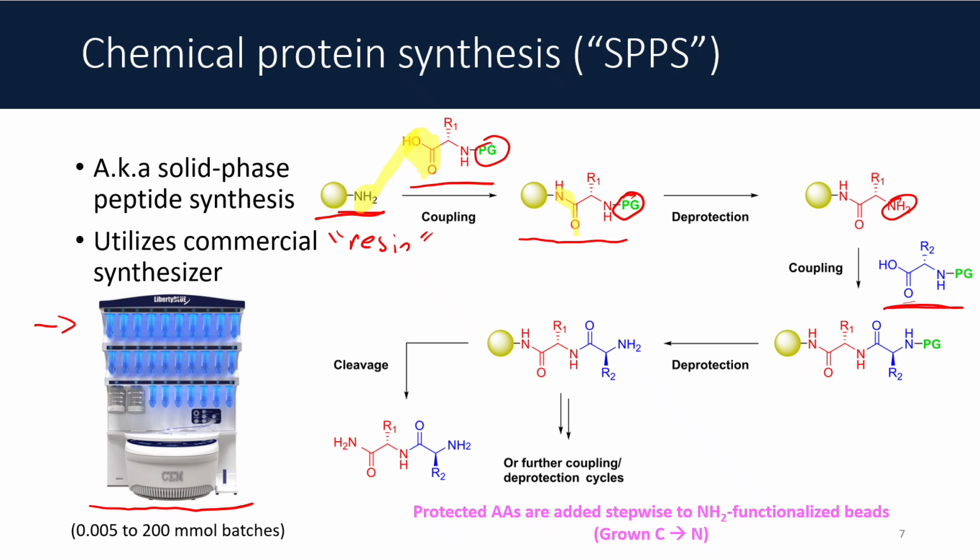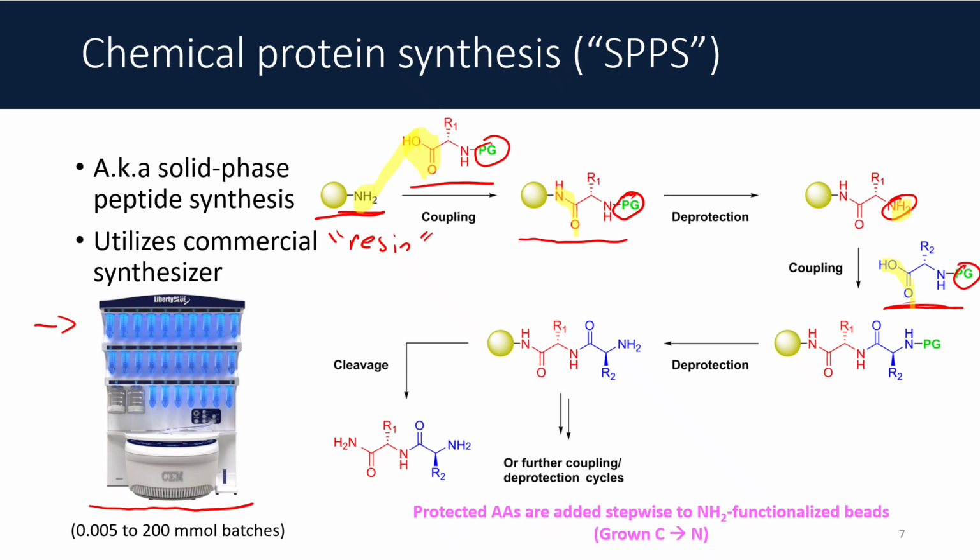And oh, look, it has its own protecting group on that N-terminus. The carboxyl group of it is free, and it's going to react and amidate with the nitrogen that we just deprotected.